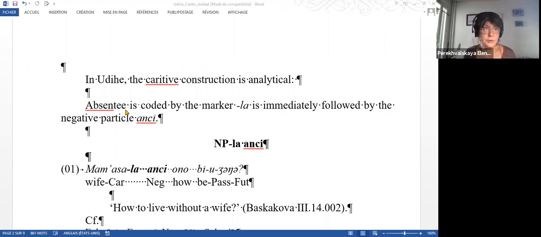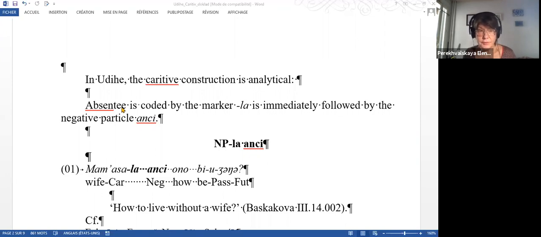The oldest were recorded in the 20s by Schneider, then the huge corpus that was recorded in '36 by Baskakova, and certain texts which are more modern, but basically it is based on written text.